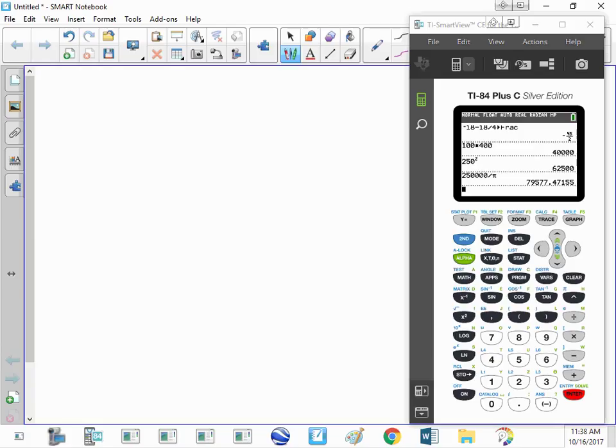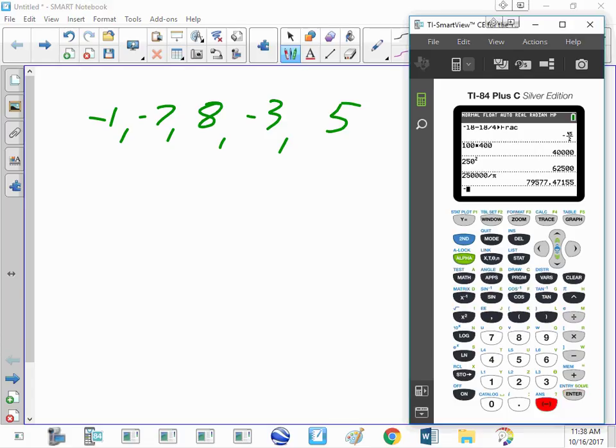If I had the numbers 1, -7, 8, -3, and 5. Let's make that a -1. If I found the average of those, so -1 plus -7 plus 8 minus 3 plus 5, and then I divided that by 5, the average is 0.4. Okay, but that's not really very representative because we have positive and negative numbers.